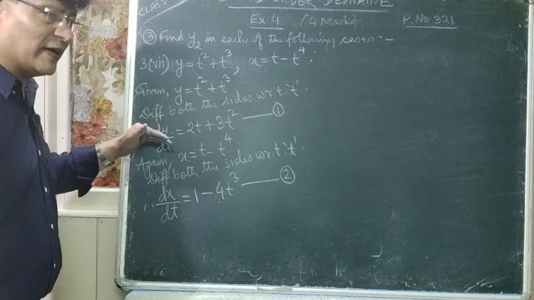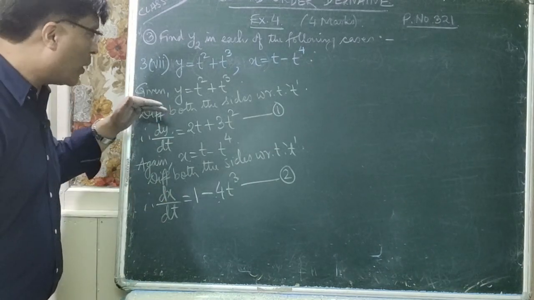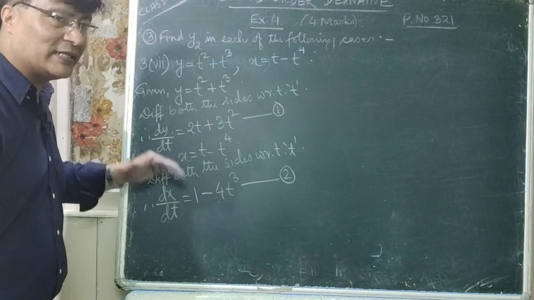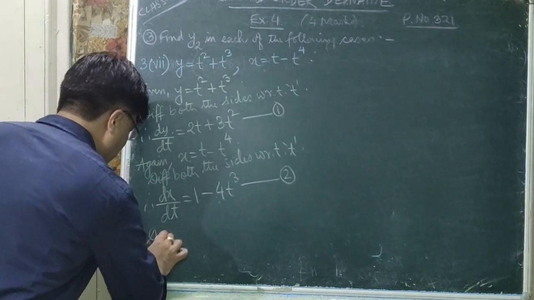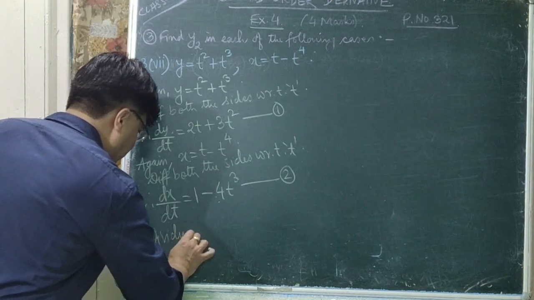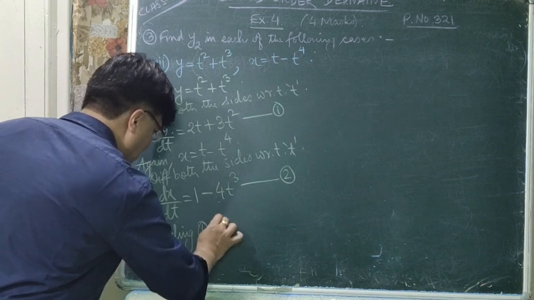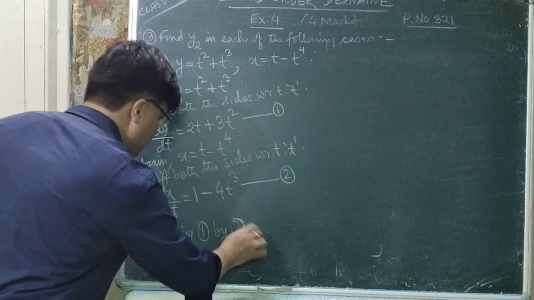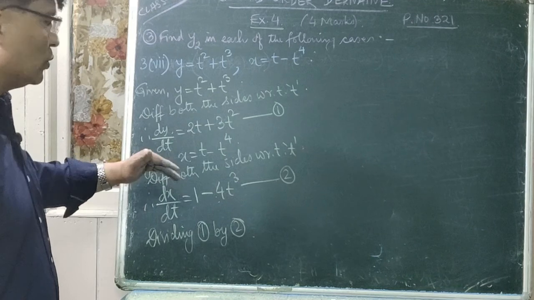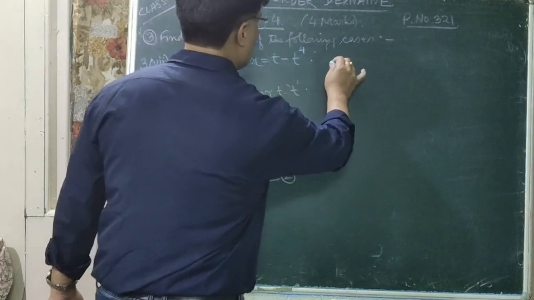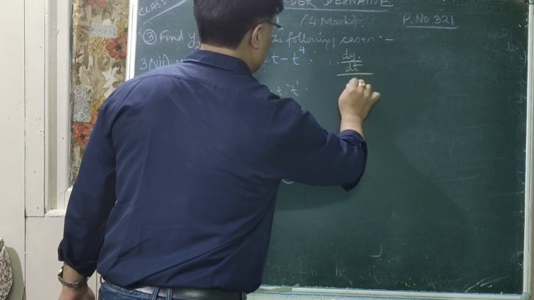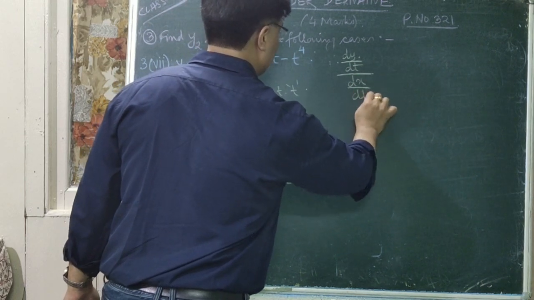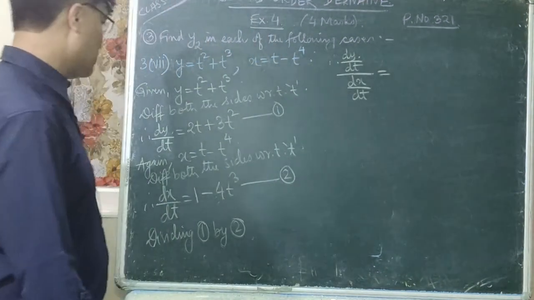So we have got both dy by dt as well as dx by dt. Now we have to get the value for dy by dx. So what will you do with this 1 and 2 to get dy by dx? You have to divide 1 by 2. So dividing 1 by 2, we have to divide 1 by 2, right? So therefore dy by dt divided by dx by dt is equal to, what is dy by dt?